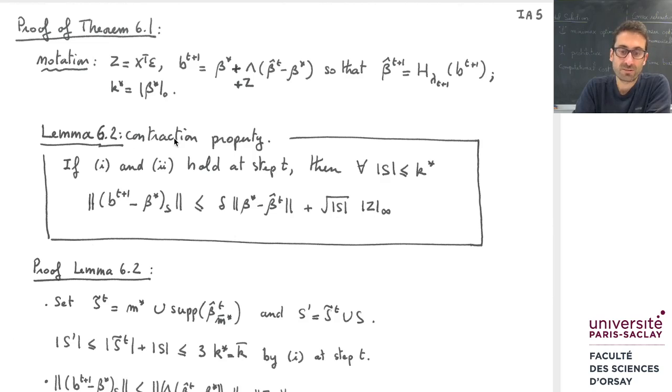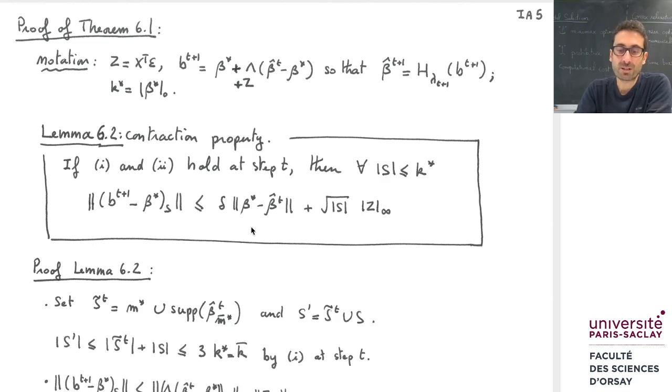So this is really a contraction, because this is what appears when we do a gradient step. And what we see is that when we do a gradient step, at least if we restrict to a subset of variables, then we have a contraction. This will be smaller than what we had at the previous step by a factor delta, plus some noise term.